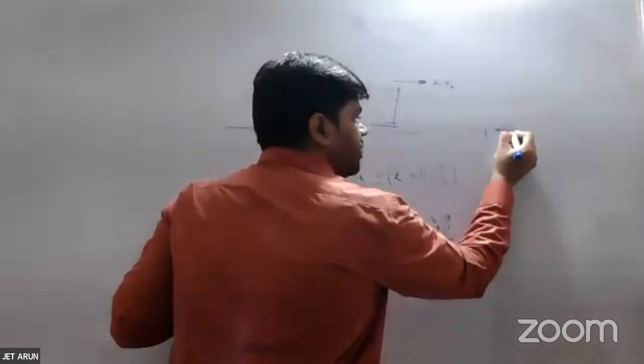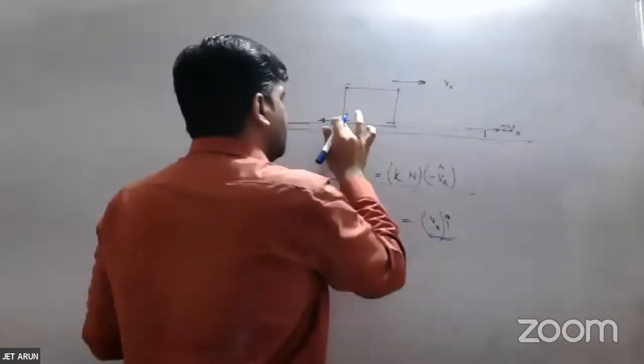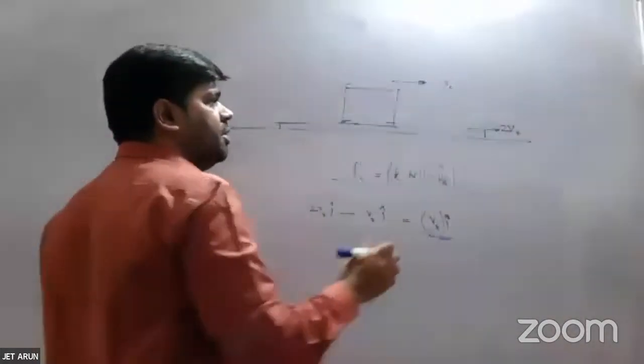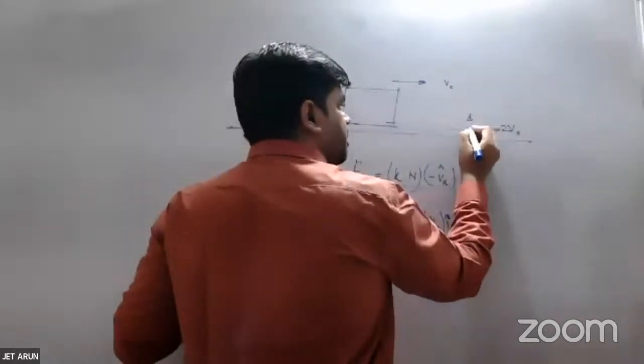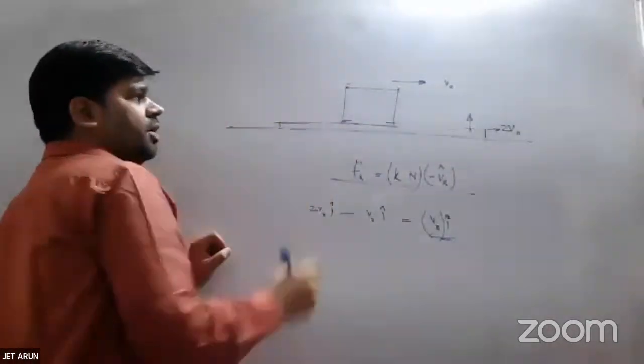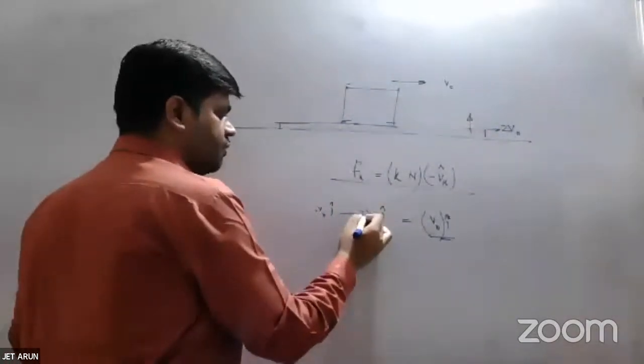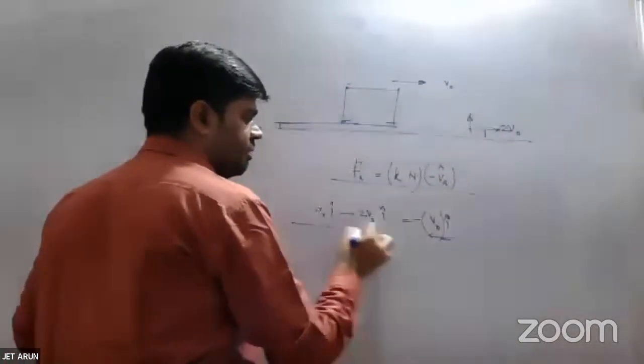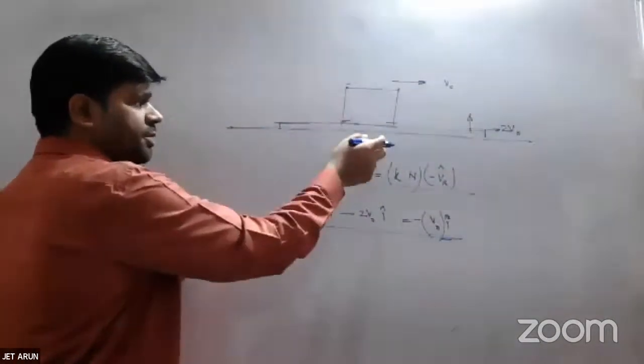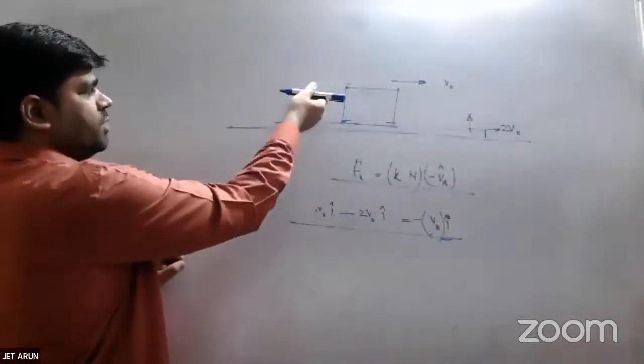If this were 2v naught and this were v naught, now what would happen? If I stand on this plank and observe the block, the velocity of the block is v naught i cap minus 2v naught i cap, which is minus v naught i cap. So the velocity of the block with respect to the plank is minus v naught i cap, which is towards the left.